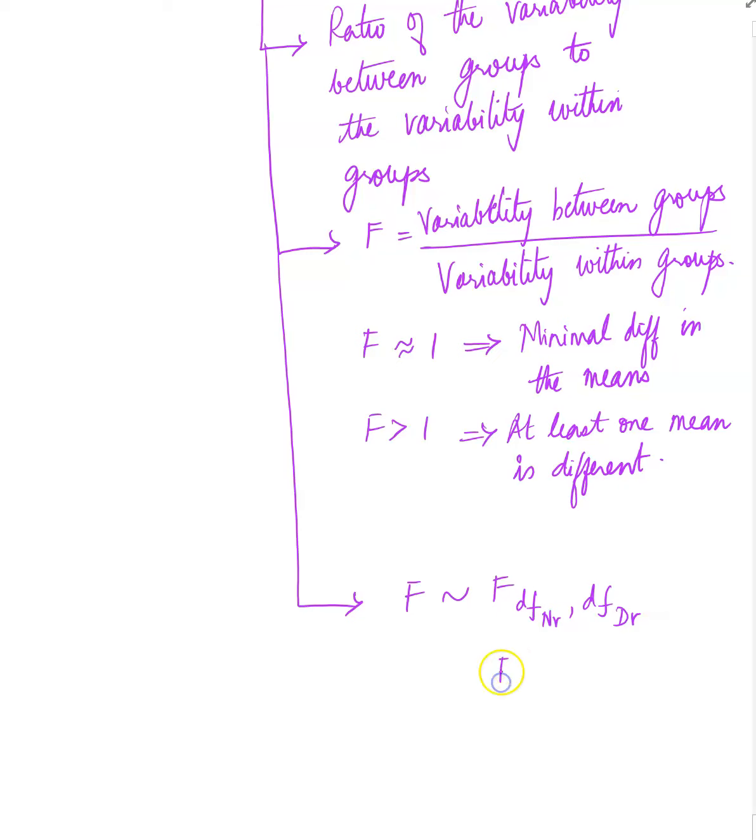Here you have a degree of freedom for the numerator and a degree of freedom for the denominator. So if I say F follows an F distribution with 4, 10, then this means that 4 is the degrees of freedom for the numerator and 10 is the degrees of freedom for the denominator.